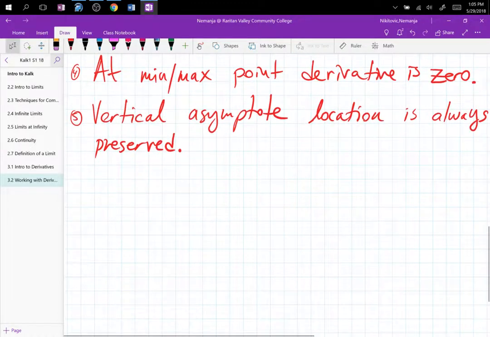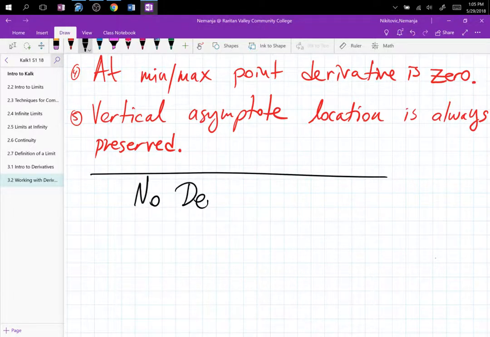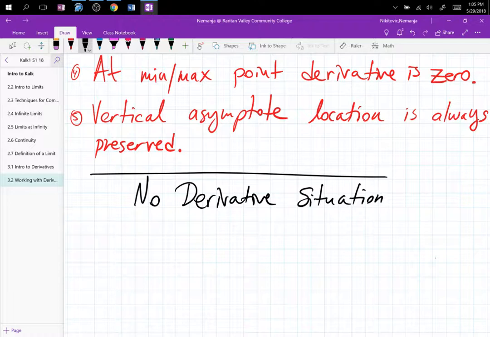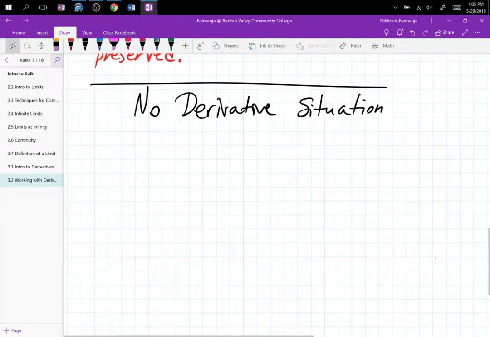And now we get to a situation when there is no derivative. One example when you have no derivative at a point is any time when you have a spike or a cusp.